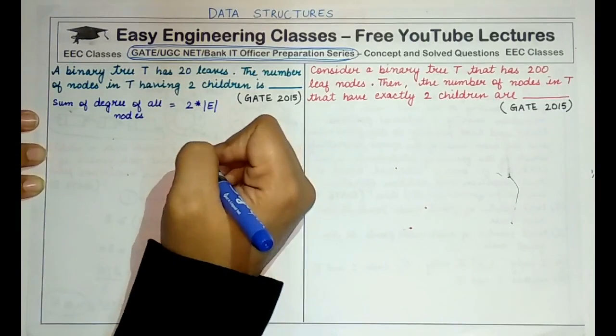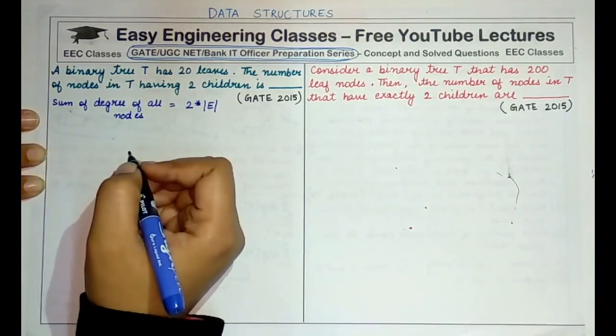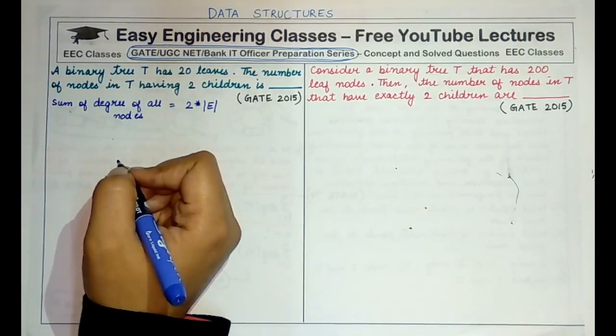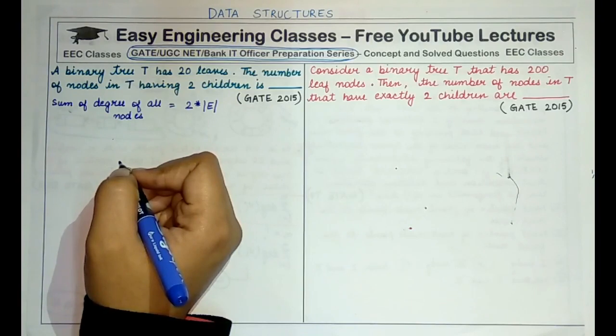So what different kinds of nodes do we have? We have leaves in a tree, we have internal nodes in a tree, and we have two kinds of internal nodes. Root is an internal node that does not have an incoming degree, while all other internal nodes have an incoming degree as well as an outgoing degree. Incoming degree means there is no edge that ends at root.